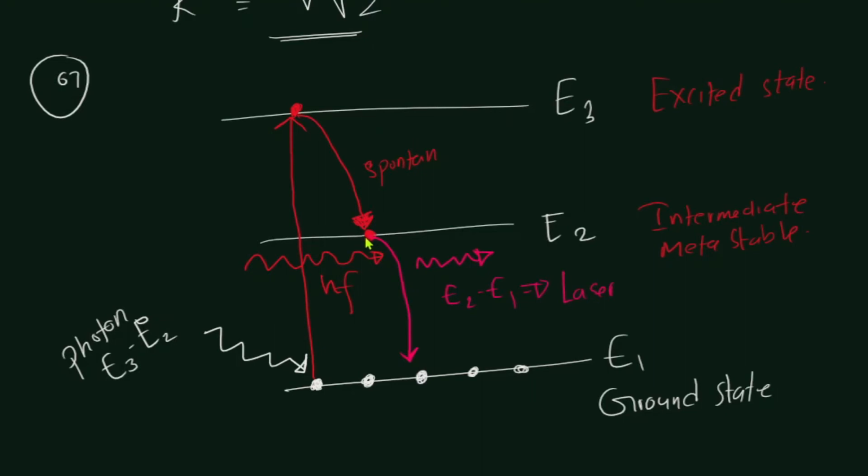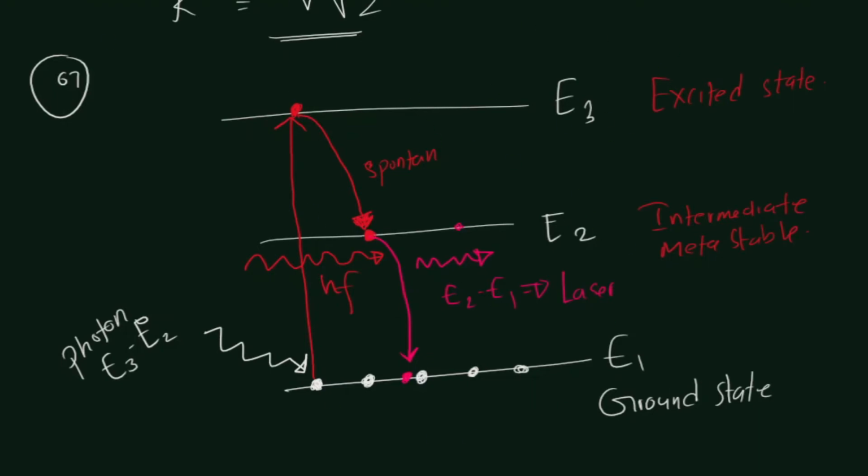As a result, this electron releases its energy E2 minus E1 and jumps back to the ground state. This photon will trigger another electron, and likewise this occurs as a chain, and you will get a high intensity electromagnetic wave, that is the laser. So this is the basic summary.